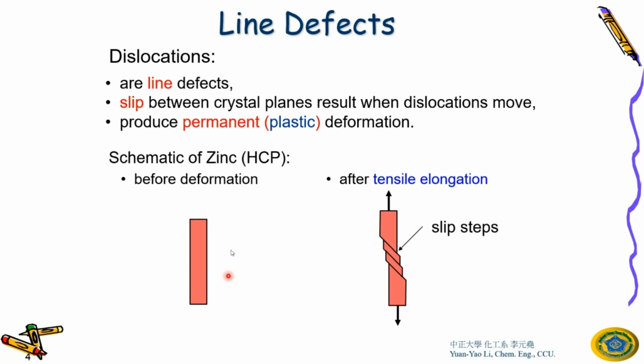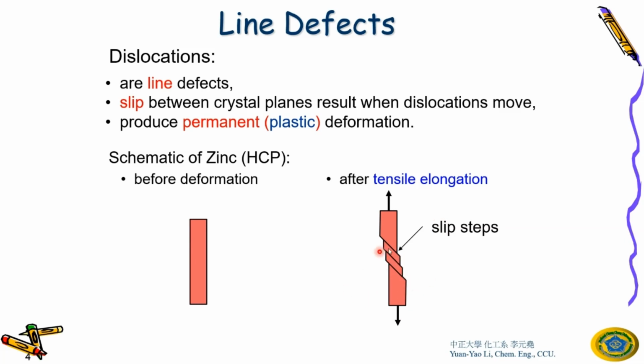Once you have a zinc bar and you pull it from the top and from the bottom in opposite directions, you will elongate the zinc, and this produces a permanent deformation. So this is before deformation and after a tensile elongation. You pull up from the top and down from the bottom.